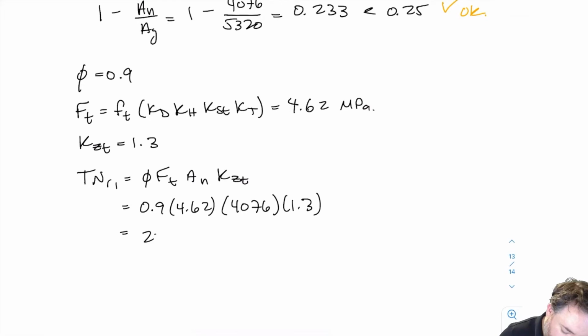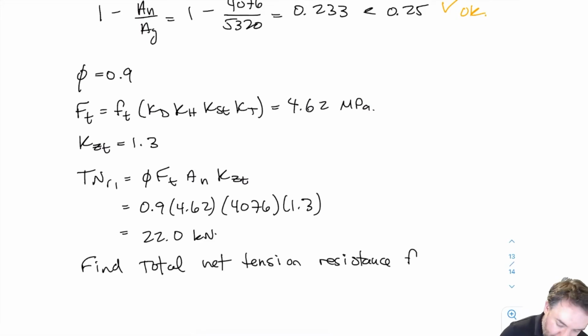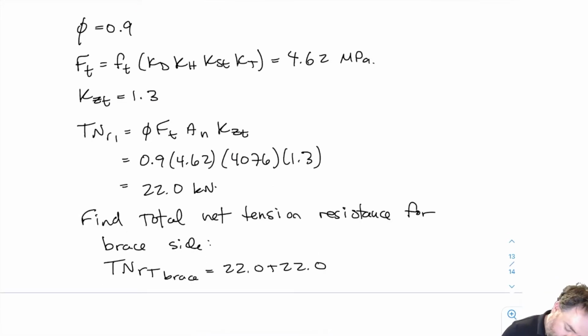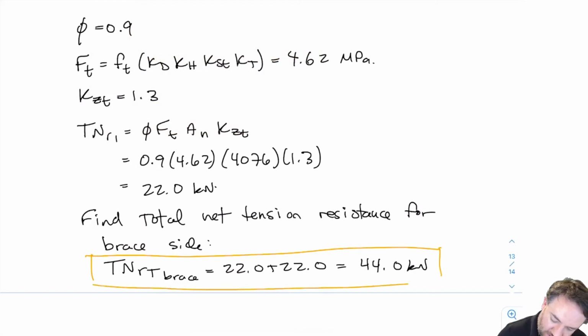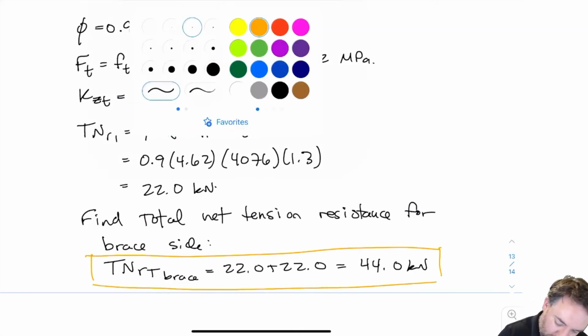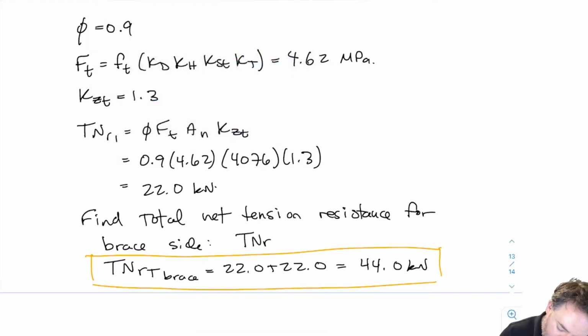So I get 22.0 kilonewtons. So to find my total, I'm going to add two of them together because there are two members with the same net tension. Right, so TNR1 equals TNR2.